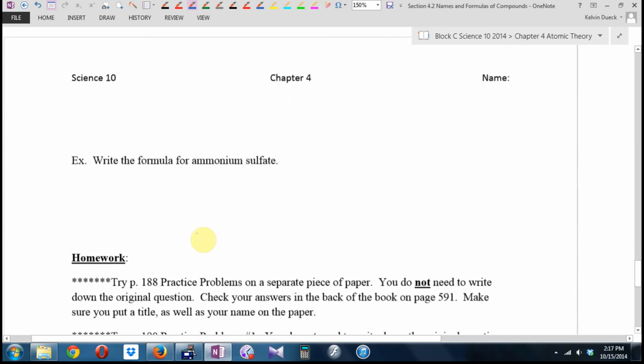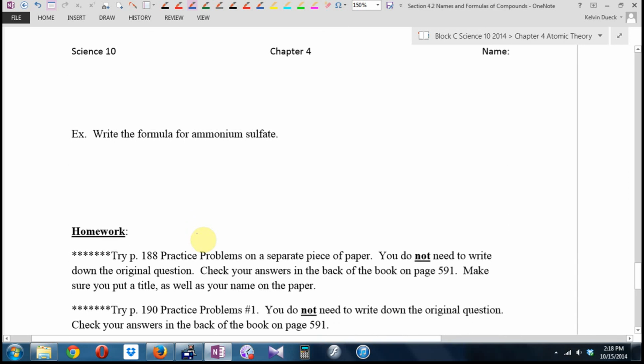Write the formula for ammonium sulfate. Okay. Ammonium. Where's that? Charge? So I'll go NH4 plus. I treat that like one funky atom because it behaves that way. Sulfate. Did they say sulfide?